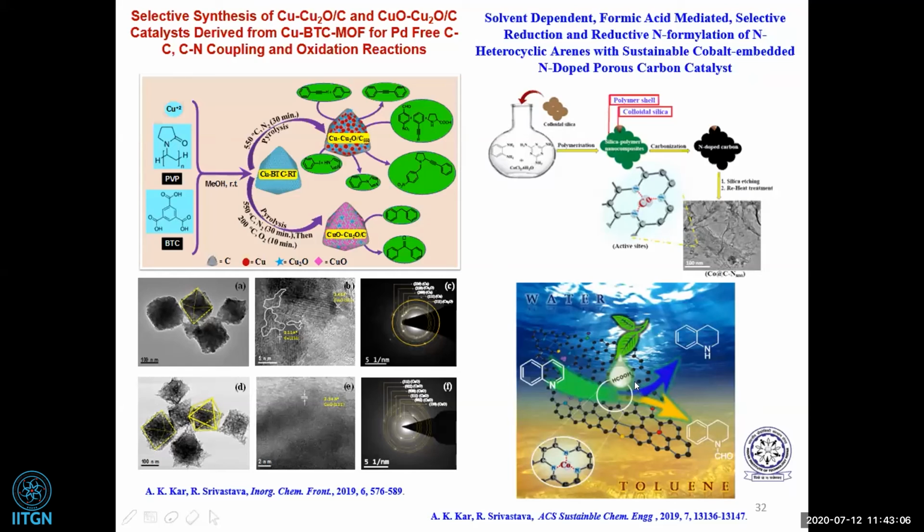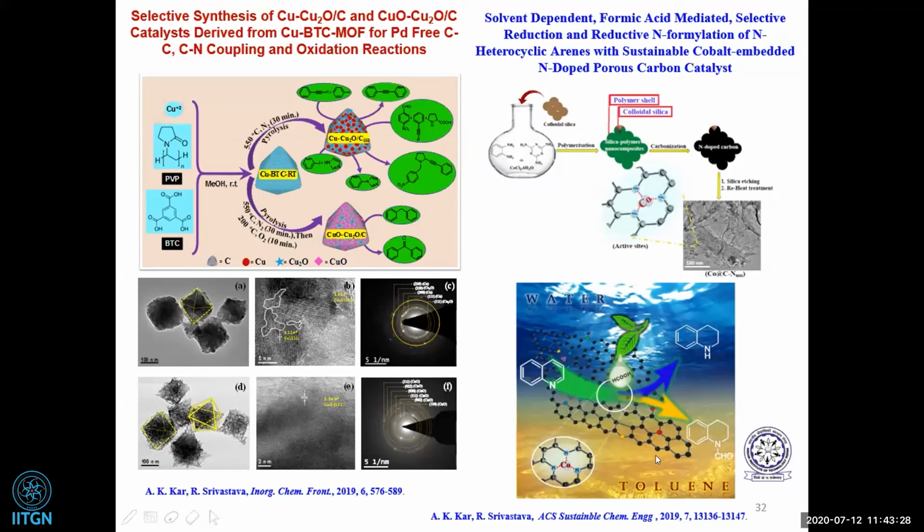Either you have to take hydrogen or you have to take a hydrogen-CO mixture. But here we have used formic acid. What has formic acid done? With formic acid, either dehydrogenation or dehydration can take place. If you are using water, you will get H2 plus CO2, which will give you the selective reduction product.